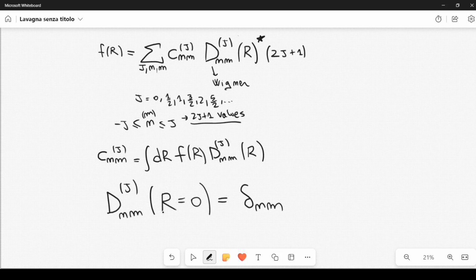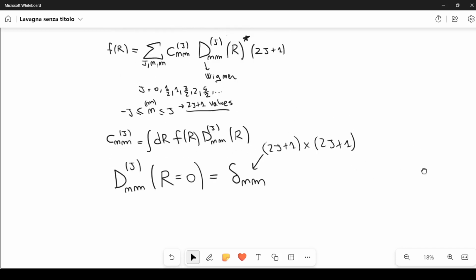But if we choose 0 rotation, then it makes sense that the Wigner matrices will have to be equal to the identity. So these are 2j plus 1 times 2j plus 1 matrices. So it is quite intuitive that we get the Kronecker delta there.